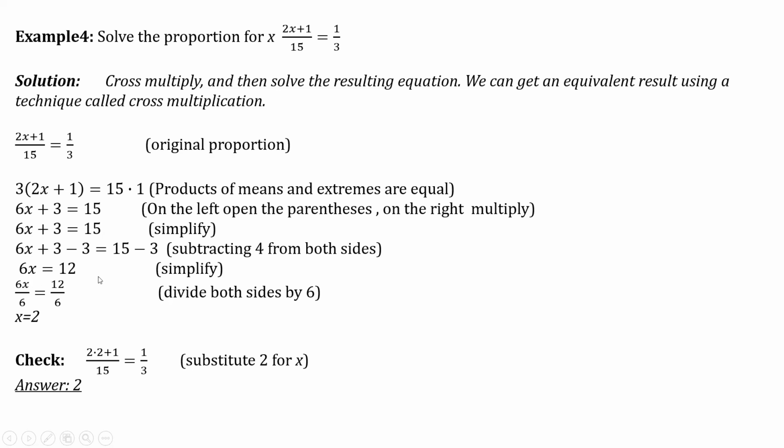In this equation we divide both sides by 6 and simplify it. So we get x equal to 2, and by checking you can see that 2 is a solution of this equation.